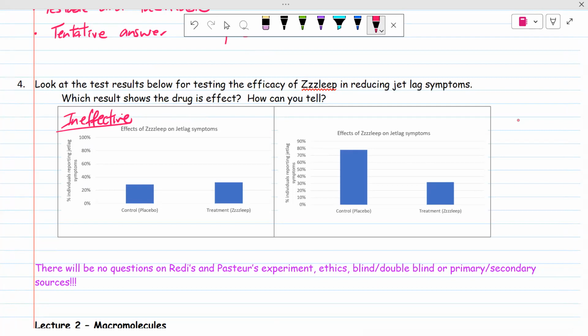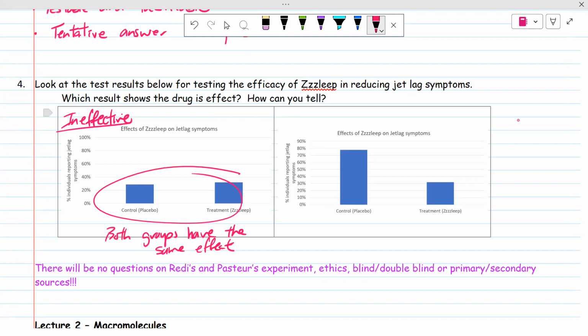It's just the fact that you're taking something that makes you feel better. Both groups have the same effect. It doesn't matter whether you are taking the drug or not. That means the drug is not working.